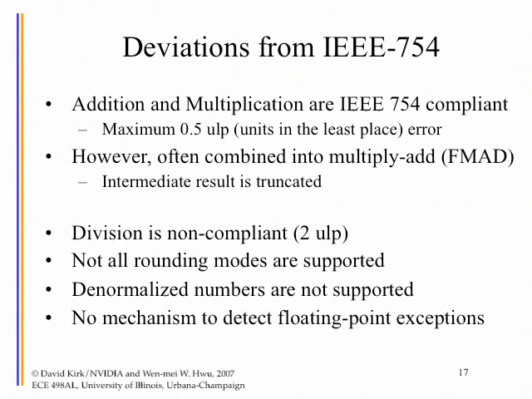Oftentimes, when you do the multiply and add, you may actually generate values that could be more than that, because you are combining results. And division in this machine can actually generate 2 ULP.